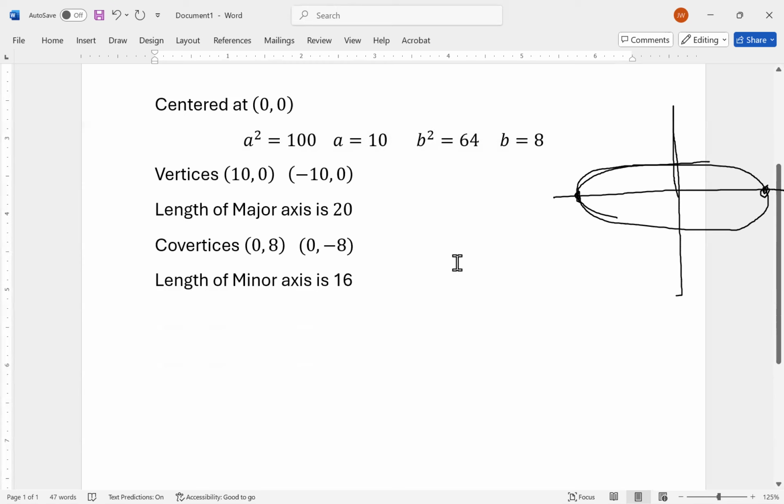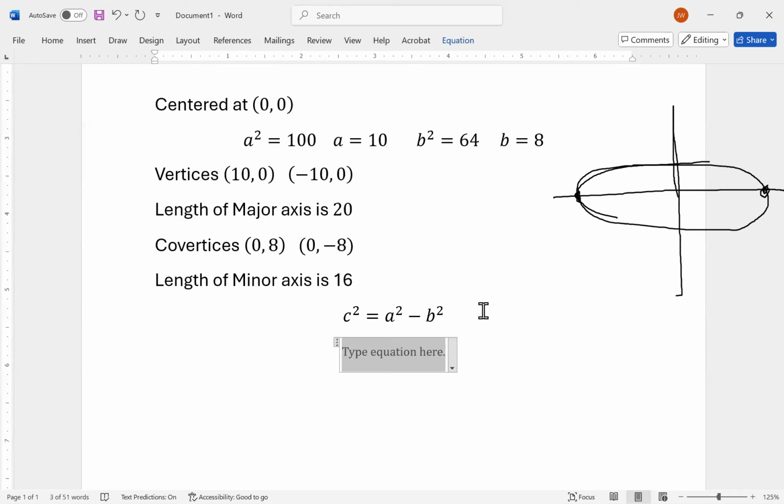All of those things are going to force me to find what that value of c is. And remember, for an ellipse, c squared is equal to a squared minus b squared. So in this case, c squared is equal to 100 minus 64. That's 36.